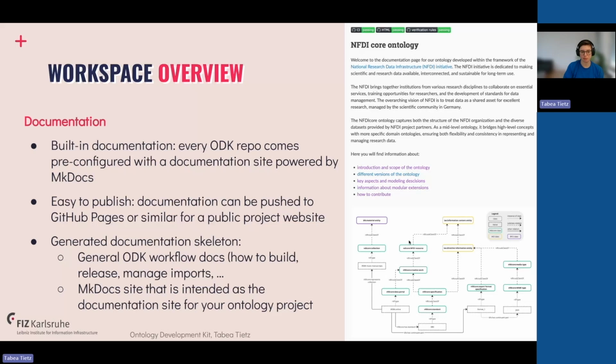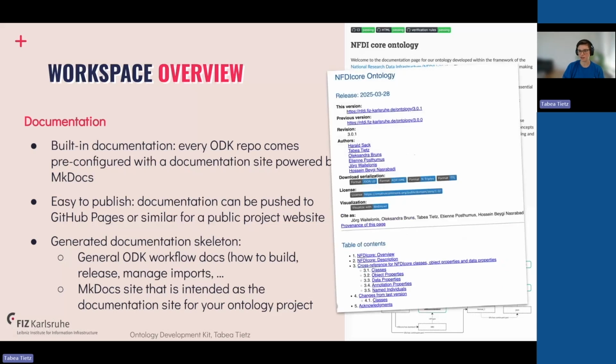It's very easy to publish, for example, with GitHub Pages. And it also comes with a kind of documentation skeleton. So you have the general ODK workflow documentations, how to build it, how to release, how to manage the imports. And then you can extend the MkDocs site on your own as intended and as you would like. And this is very nice.